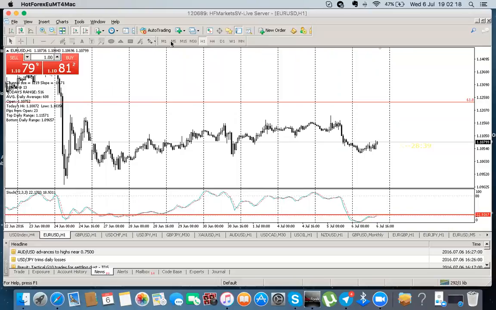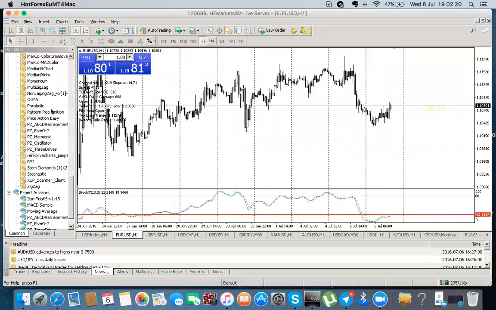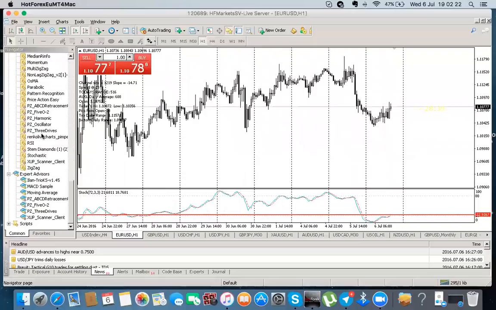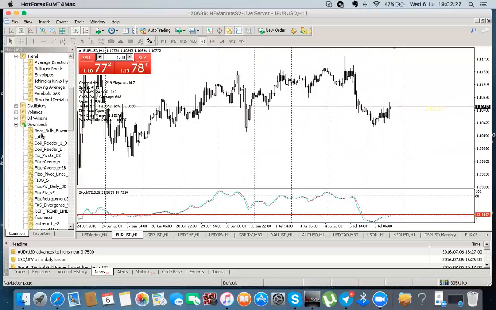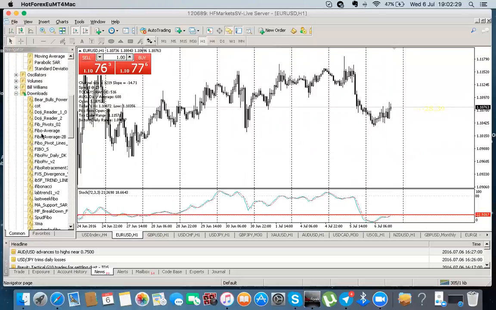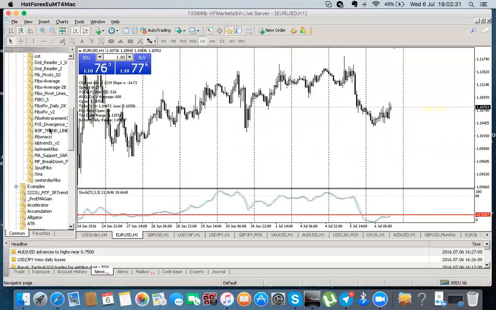The first thing I'm going to do is add my triple eight indicators. The triple eight indicators include the trending channel, the trending lines, which are automatic. They just go and apply the range, without any manual adding. The second one, which I always put on, is the pivot and Fibonacci.